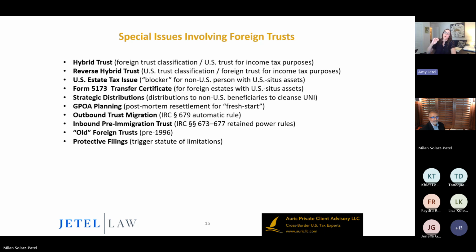But we want it to pass the court test and the control test. So we appoint a U.S. co-trustee and we put special language in there and make sure it's administered in a way that it's a U.S. trust for tax purposes.